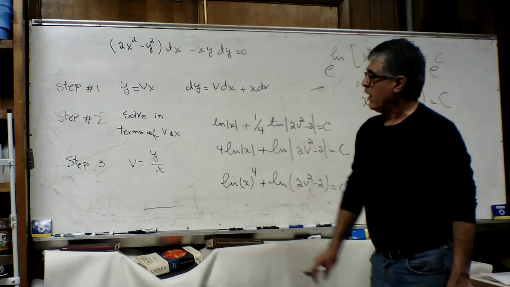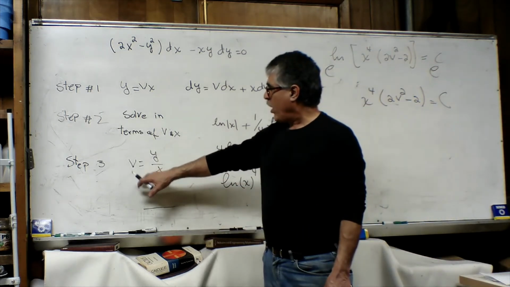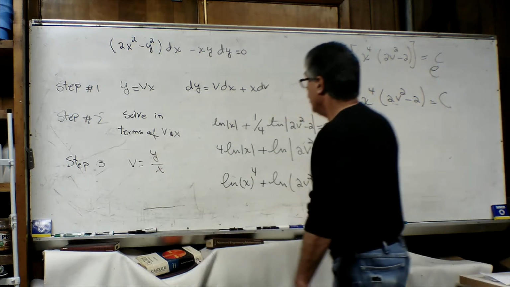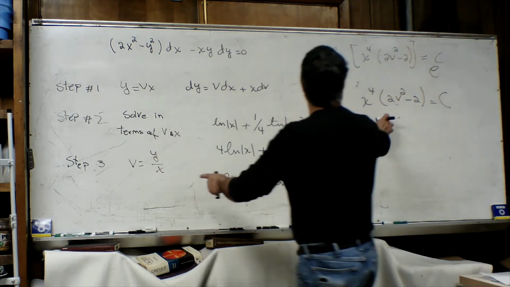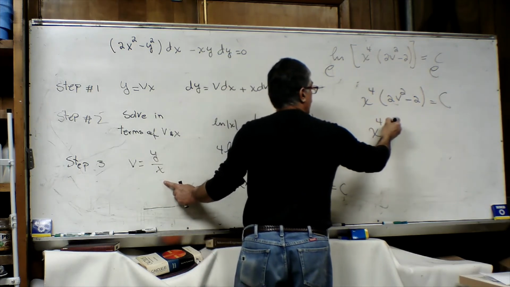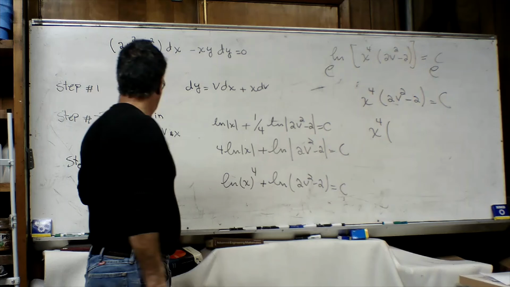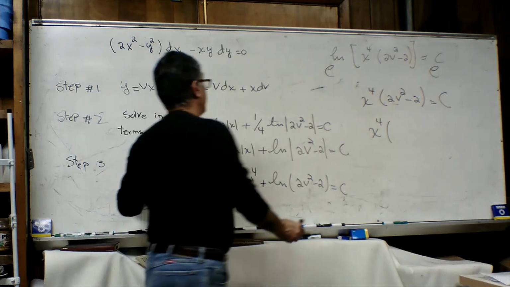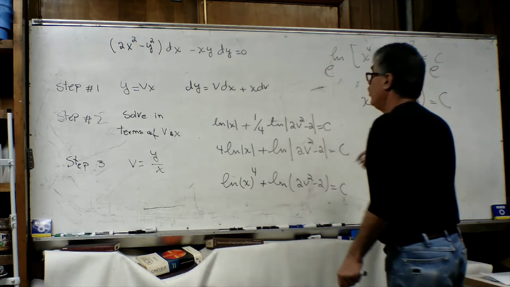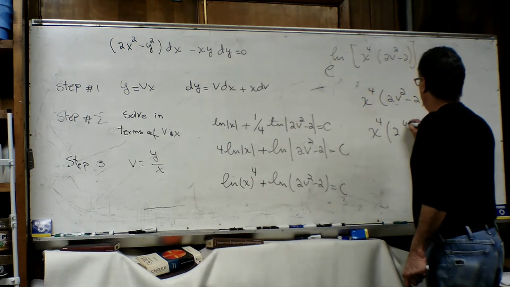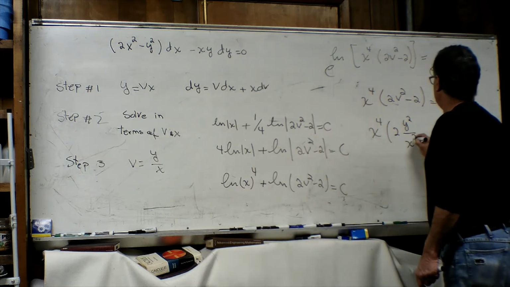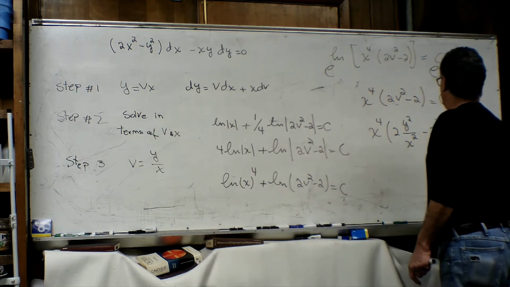For the last step, we use v equal to y over x from step number 1, our assumption, and we rewrite this as x to power 4 multiplied by 2 times v squared, which is y squared over x squared, minus 2 equal to constant.